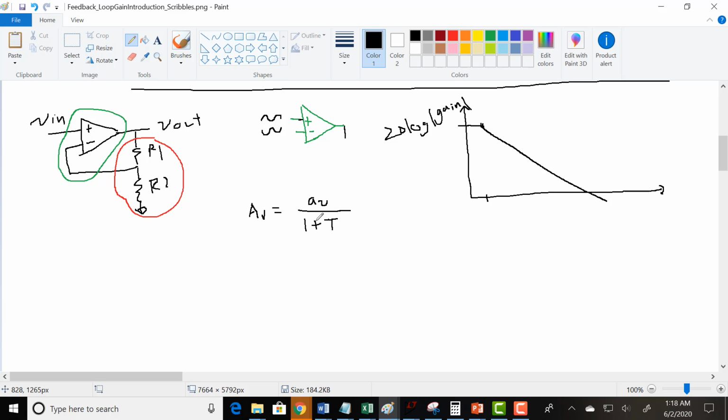So the gain of your amplifier gets decreased by this factor of 1 plus T. Once you hook up feedback, whatever that feedback might be, the gain decreases by a factor of 1 over T. So over here someplace, now you've got 20 log of your original gain, whatever that was for the op-amp without feedback, divided by 1 plus T.